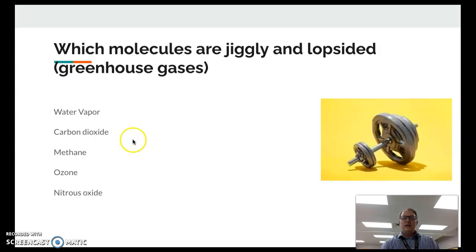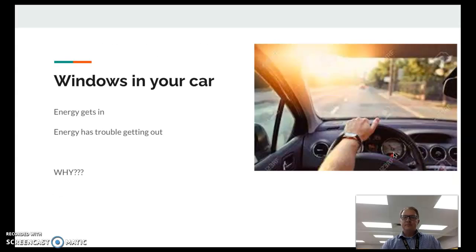So keep in mind, these are the elements that are either lopsided in their structure, the way that they're put together, or they can vibrate and bounce around, and that allows them to absorb energy that would otherwise escape out into outer space. So they keep our planet warm. They act like a blanket that covers it.